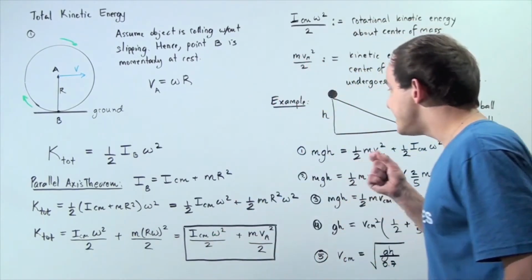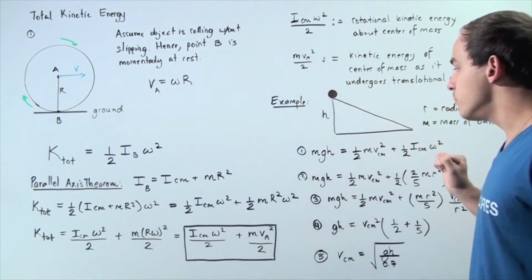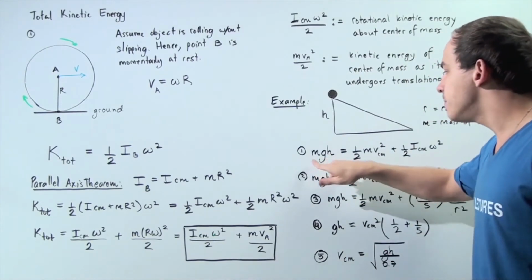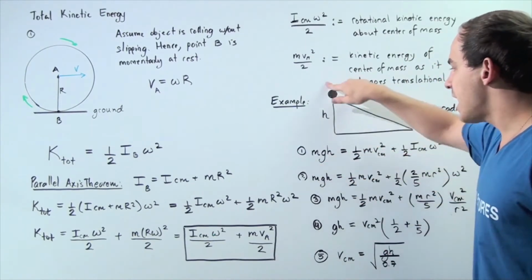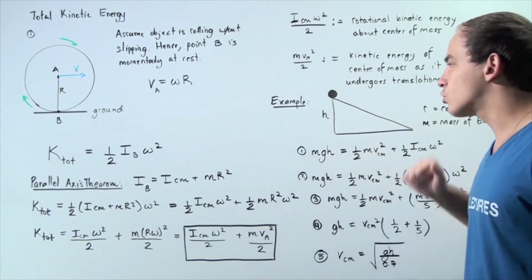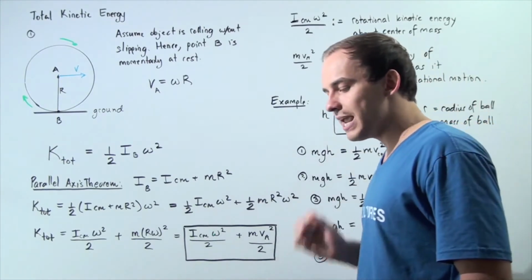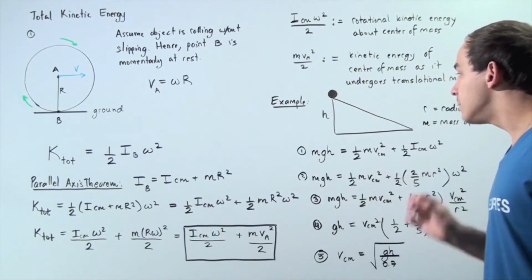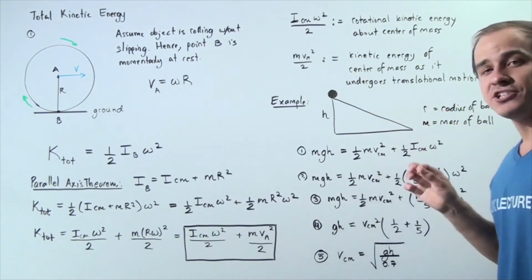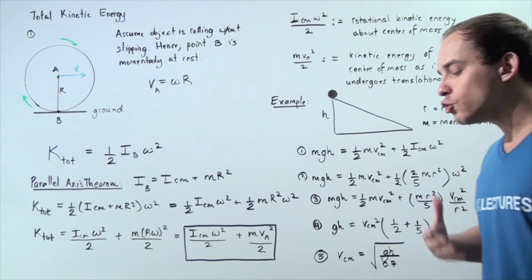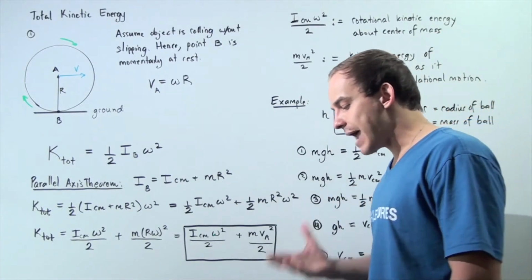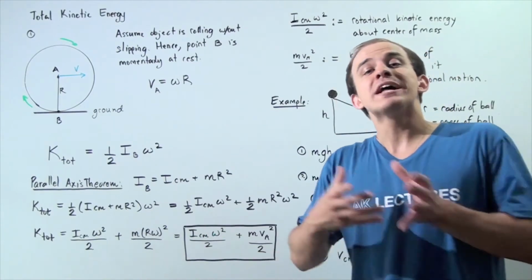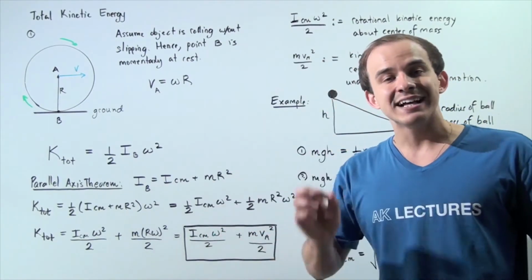So before the object starts moving, it only has gravitational potential energy, mgh, where h is the height, m is the mass, and g is our gravitational constant, 9.8 meters per second squared. Now, after our object ends up at the point h equals 0, it has no gravitational potential energy. All that gravitational potential energy has been transformed into kinetic energy.